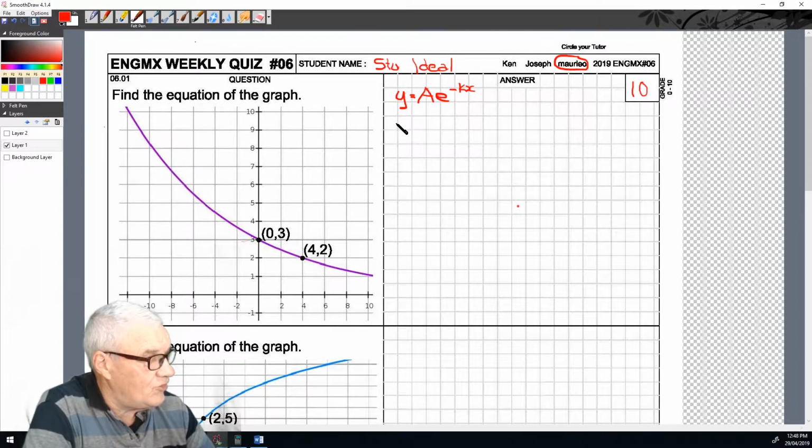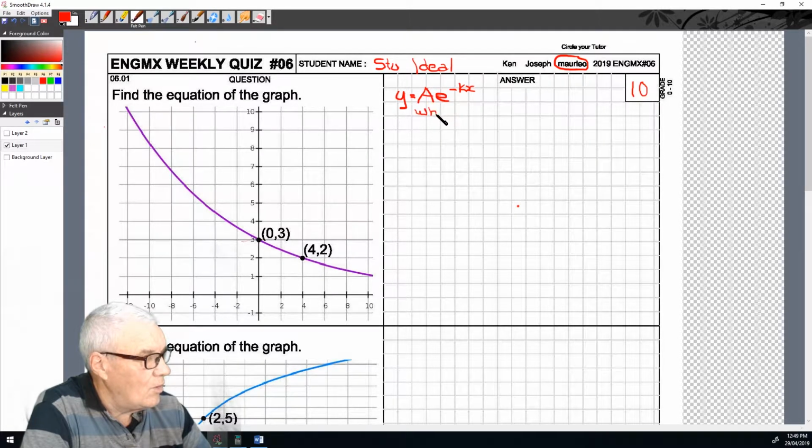So let's have a look at that situation. We know that when x equals 0, y equals 3.